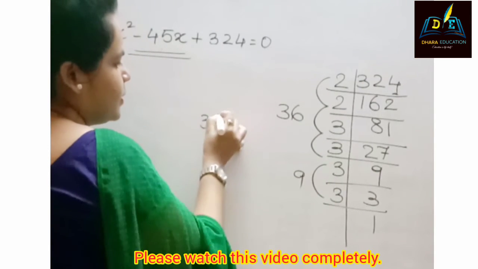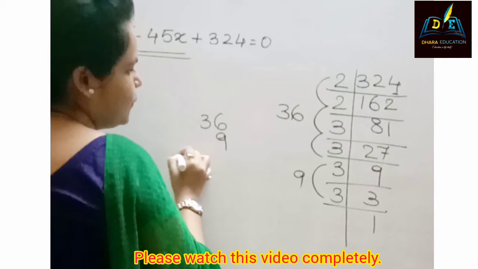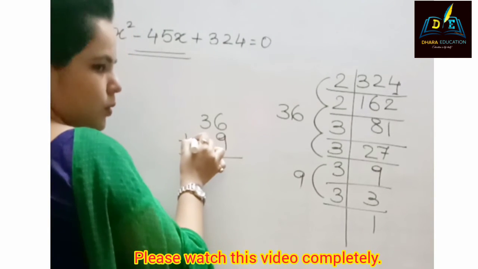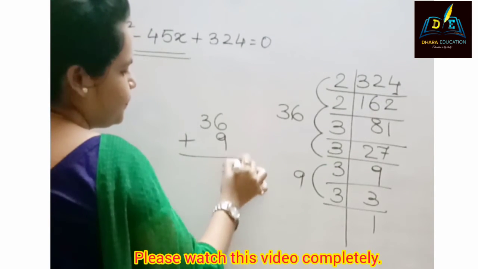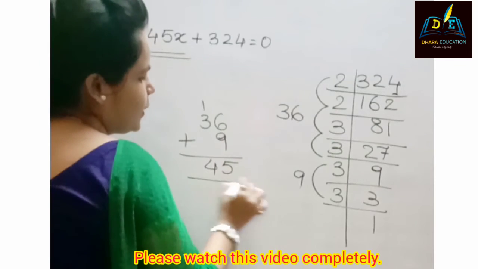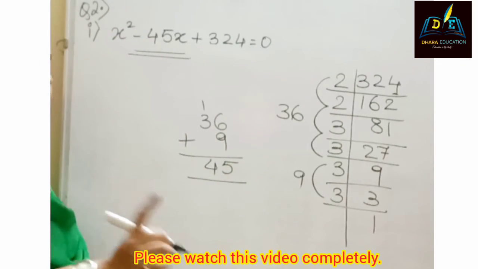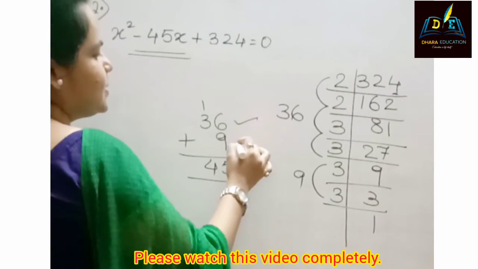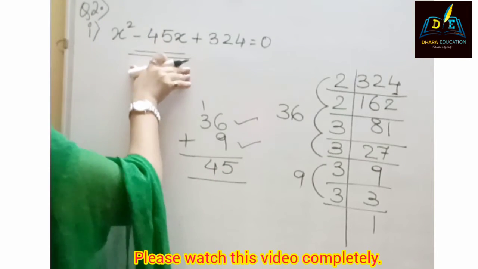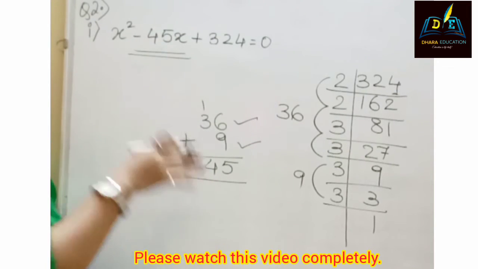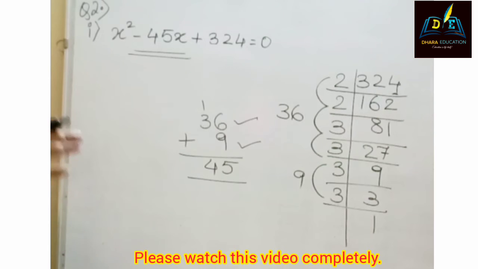So 36 and 9, if we add them, the result will be 45. Correct. So now we can use this to split the middle term. But the exact numbers which we will take and what will be their position, we will see now.